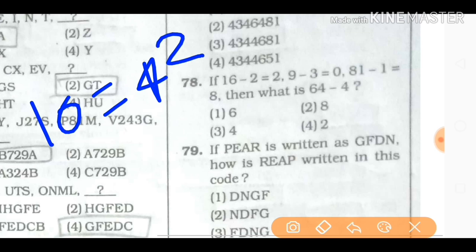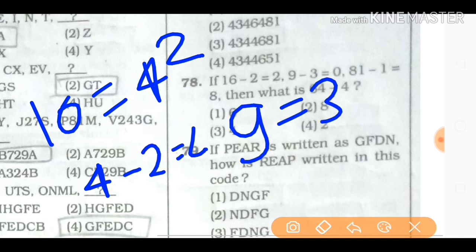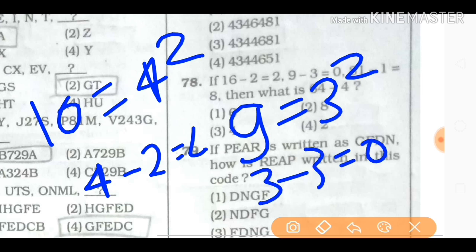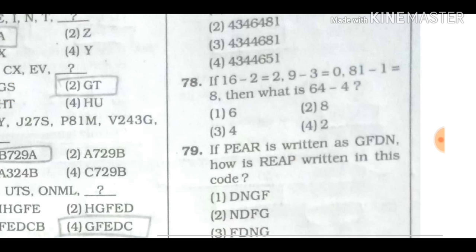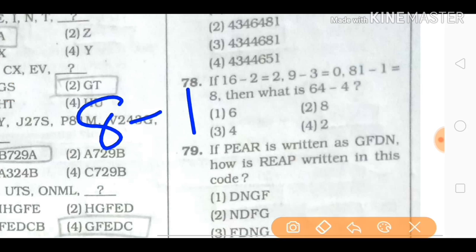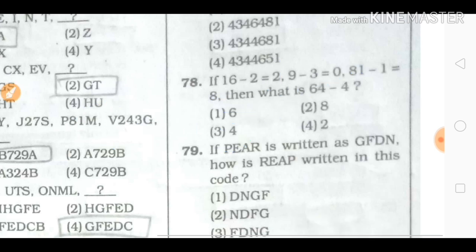If I write 4 minus 2, 9 is what? 3 square. 3 minus 3 is equal to 0. Similarly, if I do 8 minus 4 is equal to 4. So 3 is the right answer, right? Got it?